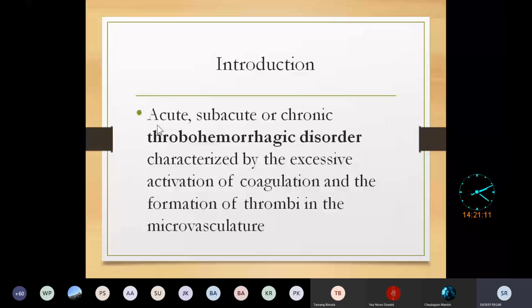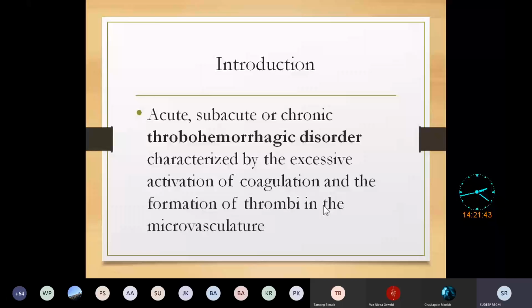Next is hemorrhage, and either they might be oscillating between the thrombotic and the hemorrhagic phase, or the thrombosis and the hemorrhagic disorder might be going on side by side in different organs, and it is characterized by excessive activation of the coagulation and formation of the thrombi in the microvasculature.